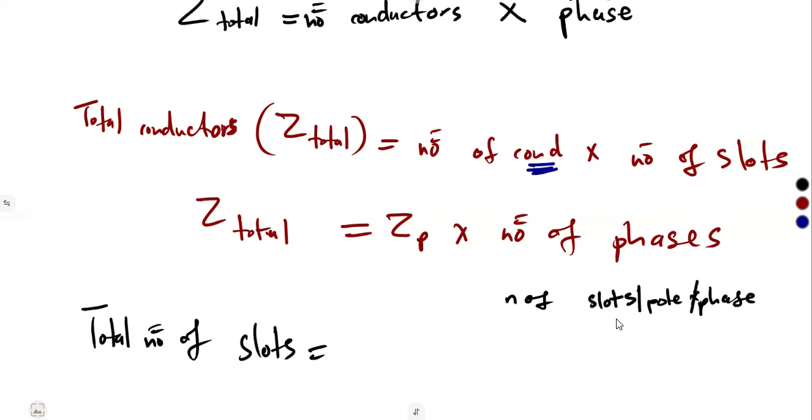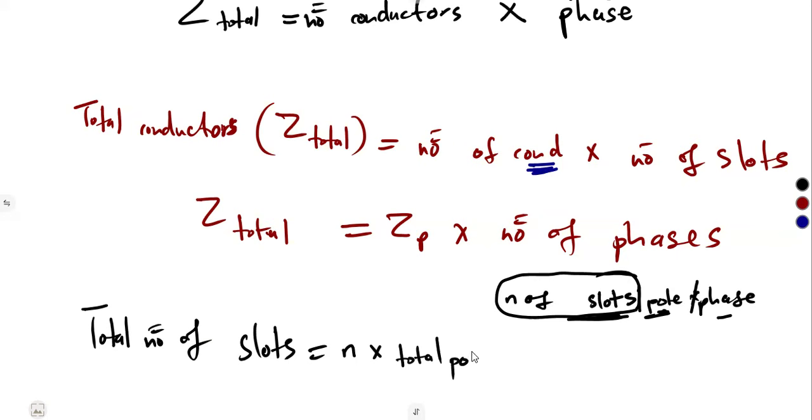Let's say this is what you're given. Number of slots per pole per phase. We need to calculate what? Total number of slots, this one, before per. So to have this, we are going to use N, so I'm going to use N to represent the number of slots per pole per phase. So we are going to multiply by what? Remember, we need to remove per. Per what? Per pole. So you multiply by total poles. All right? You are supposed to multiply by total poles.